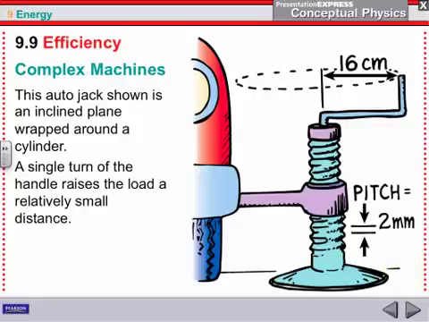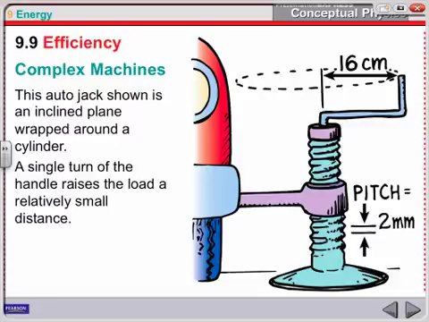Now, here's another example of a machine. They call this a complex machine, but I would simply call this a screw. A screw is an inclined plane that goes around a cylinder, so really it is a form of an inclined plane. I think they're calling this a complex machine because we also have this, which makes it a wheel and axle also, another simple machine.